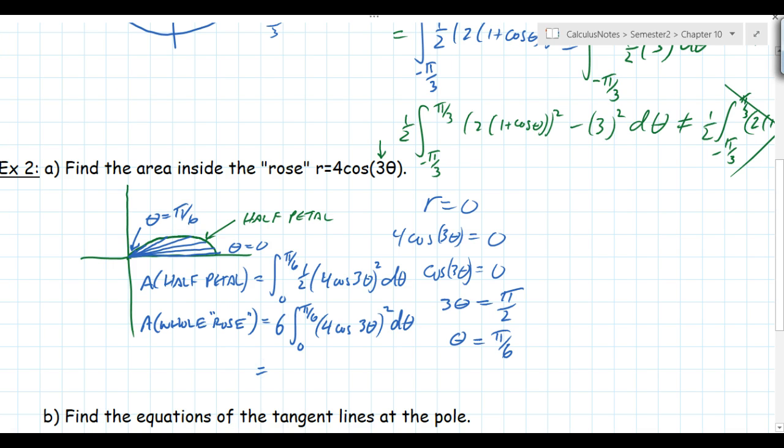Okay, and you can go ahead and enter that in your calculator and see what you get. Oh, I left off the 1/2 when I rewrote that. One half r squared d theta.